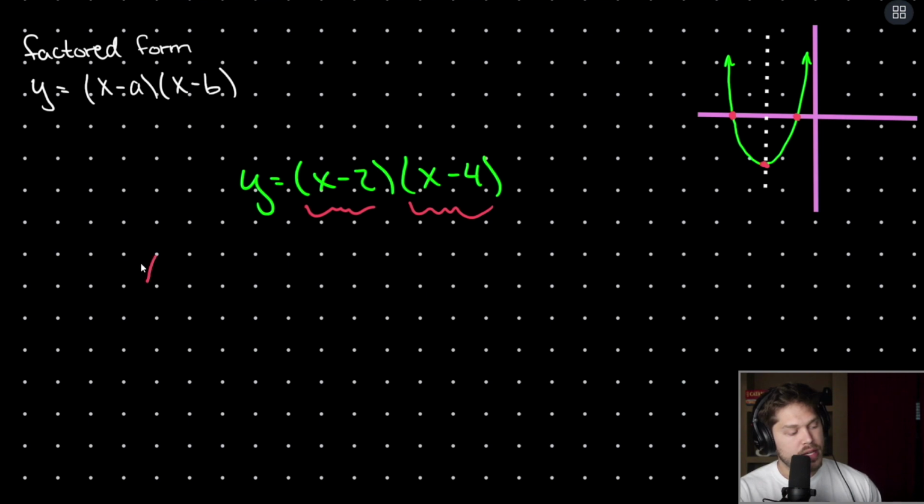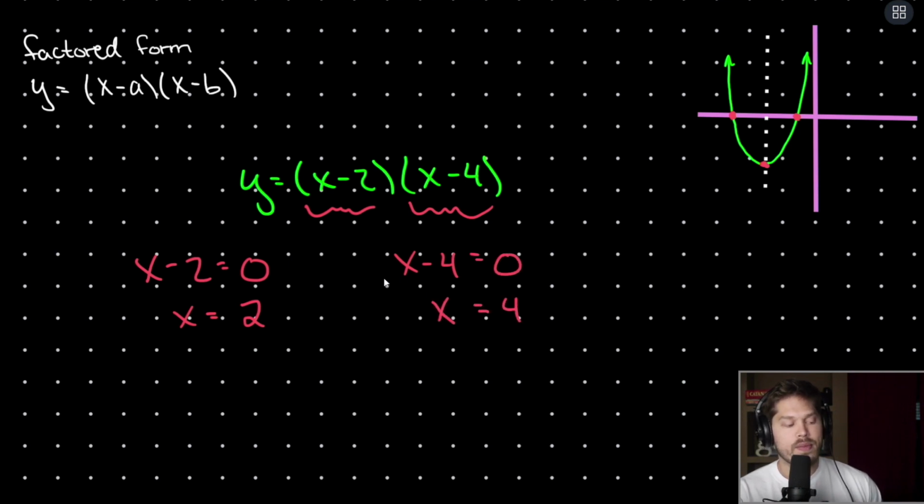So when does x minus 2 equal 0? Well, we can add 2 to both sides, and that's when x equals positive 2. What about for this right-hand factor? We have x minus 4, we set it equal to 0. We can add 4 to both sides to get x equals positive 4. So we see that our zeros are positive 2 and positive 4.